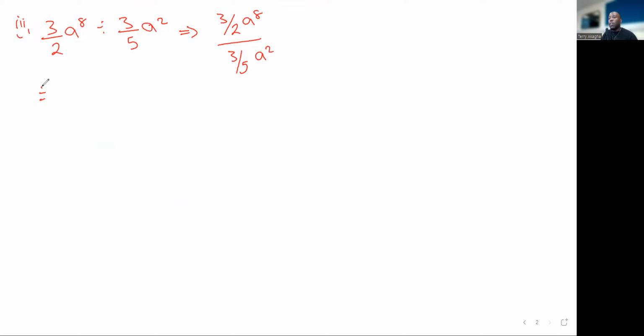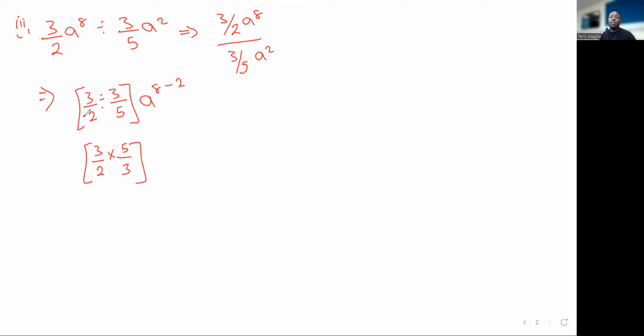So it's going to give me 3 over 2 divided by 3 over 5, then we have a to the 8 minus 2. If you remember in basic algebra in the playlist, I told you when you have fractions like this, in order to divide fractions, you have to flip the other one. So that will give us 5 over 3.